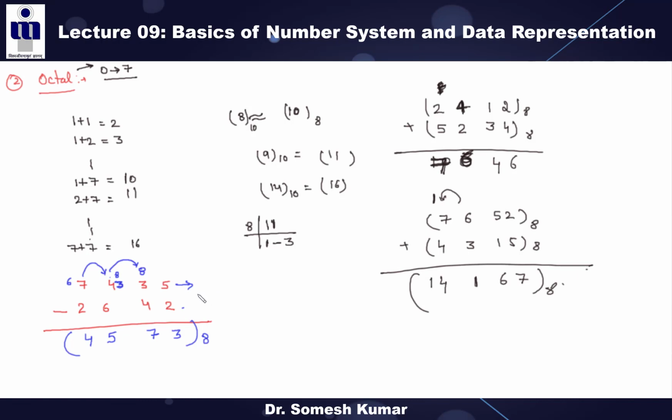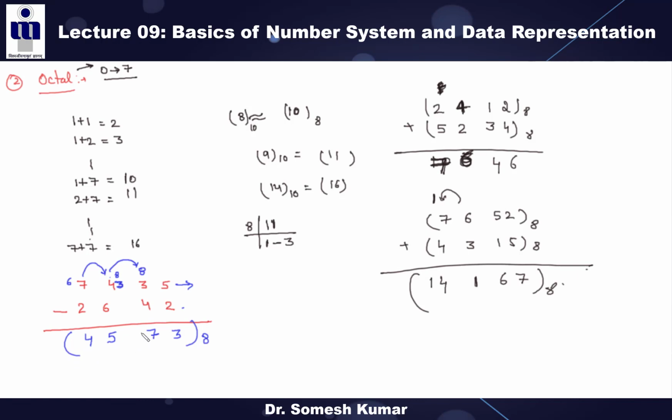The negative numbers can be represented by 1s complement and the 2s complement. In that case, your answer also should be negative. So that thing we will discuss when we discuss the 1s and the 2s complement.